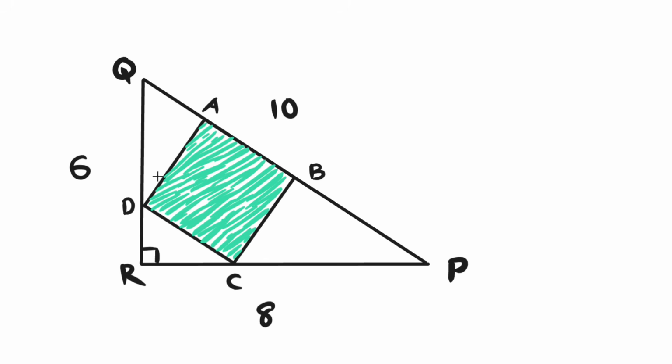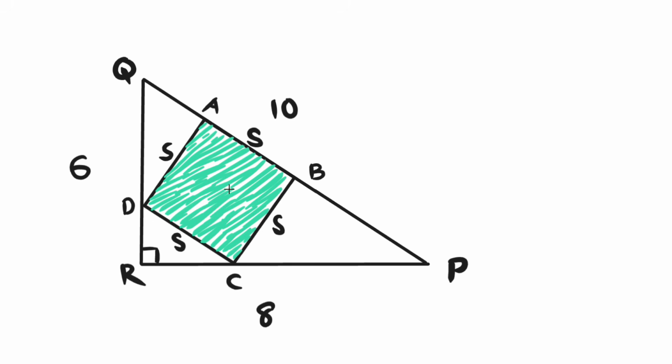Inside this right triangle, there is an inscribed square ABCD, and we are told to let the side length of the square be S. Since it is a square, all four sides are equal, so AB equals BC equals CD equals DA equals S. That gives us one unknown, and our entire goal is to find the value of S, because once we know the side of the square, finding its area will be very easy.